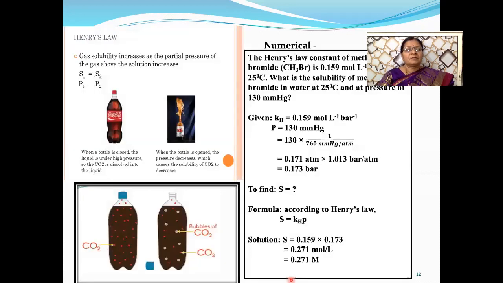Next, a common observation you can make in your daily life: a bottle of soft drink. Here, just as I explained Henry's law, the solubility of gas in a liquid solvent is directly proportional to the partial pressure of gas over the solution.